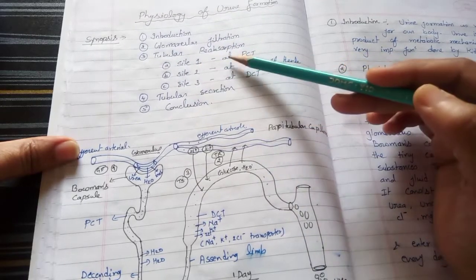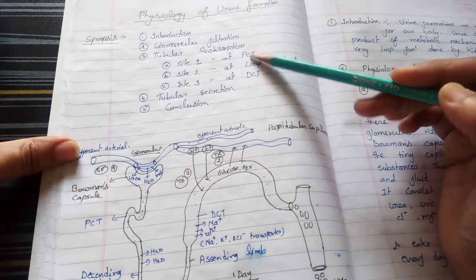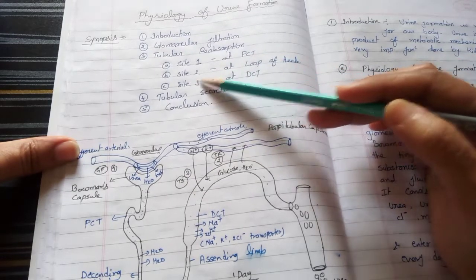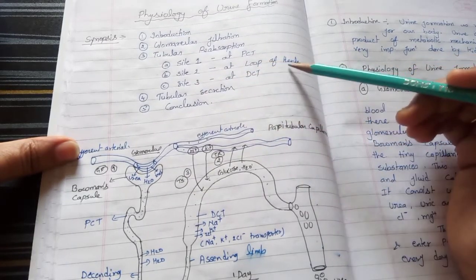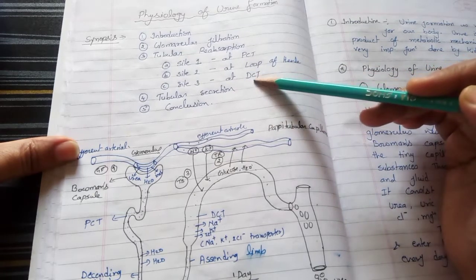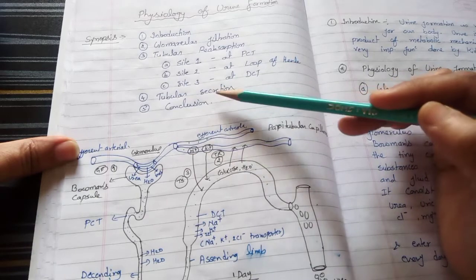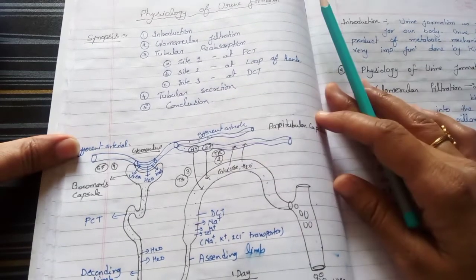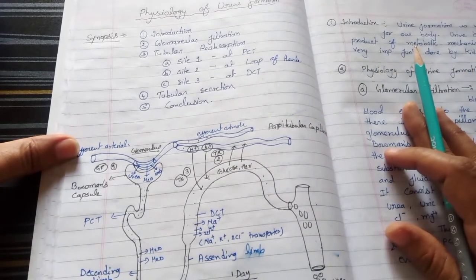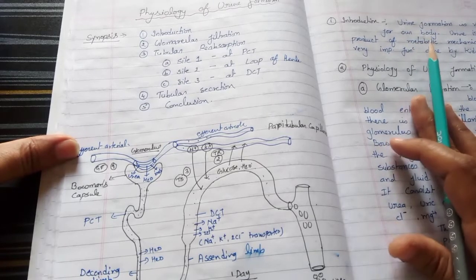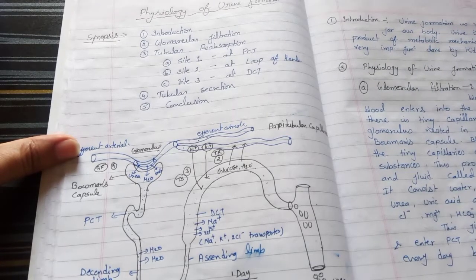Site 1 is the PCT, proximal convoluted tubule. Site 2 is the loop of Henle, and site 3 is the DCT, distal convoluted tubule. Fourth is tubular secretion, and the last one is the conclusion. This is my handwritten notes. I will explain it after this, through the diagram.